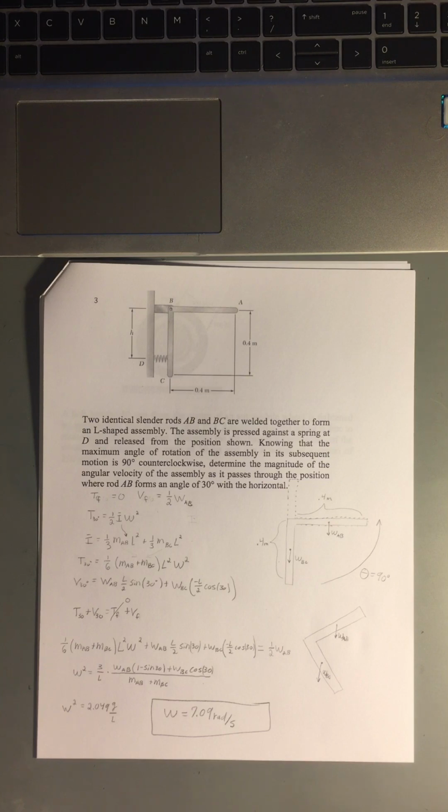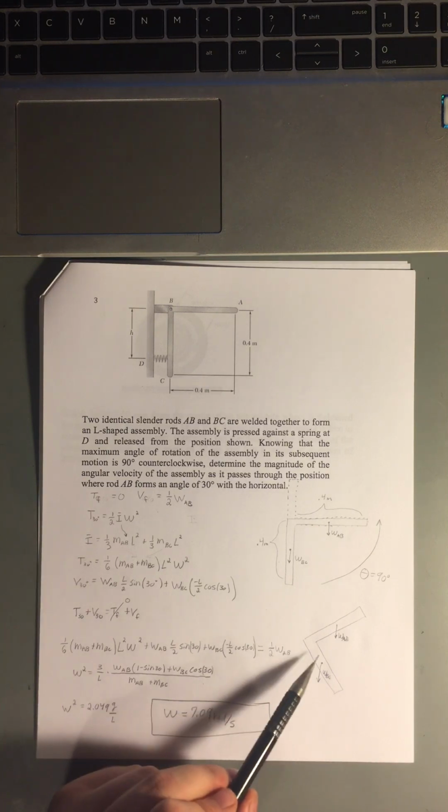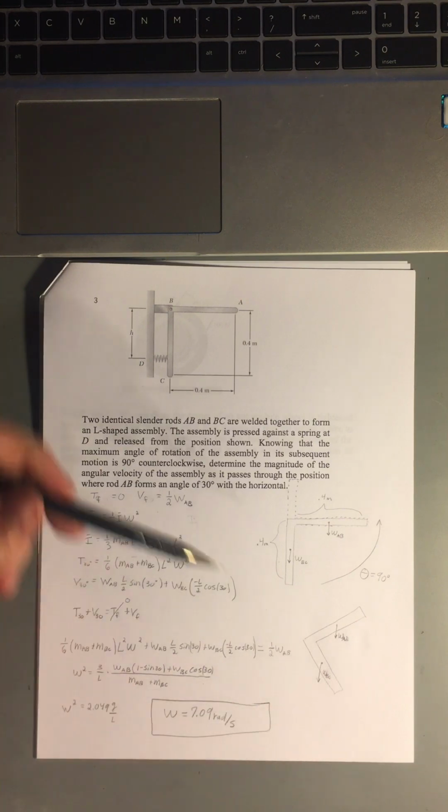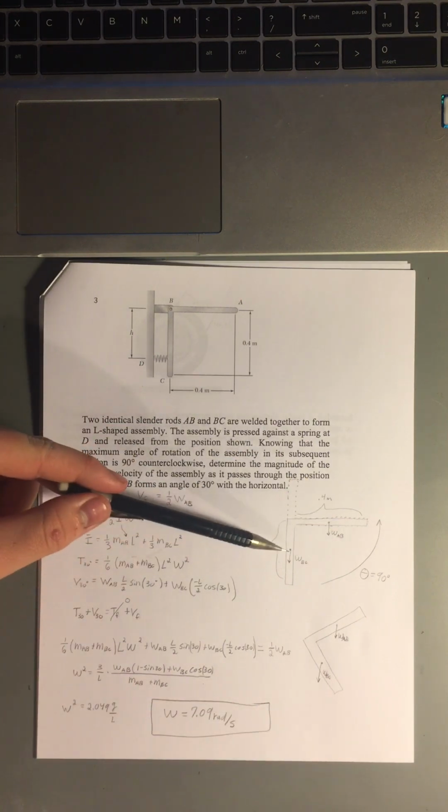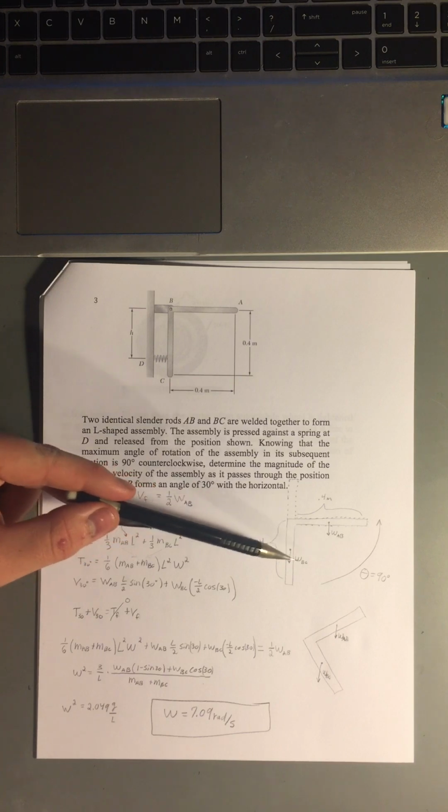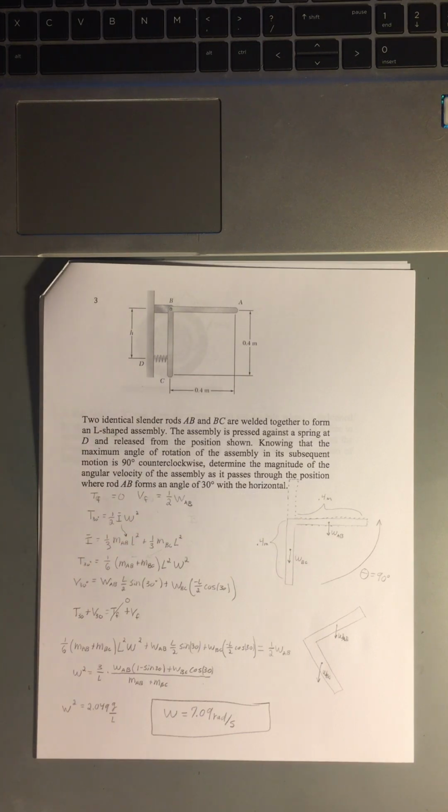And the question wants us to find out the magnitude of the angular velocity of the assembly as it passes through the position where rod AB forms a 30-degree angle. And so that's what I kind of drew here to help me visualize it. And so as this swings up, we're interested at the point in time when it reaches a 30-degree angle.